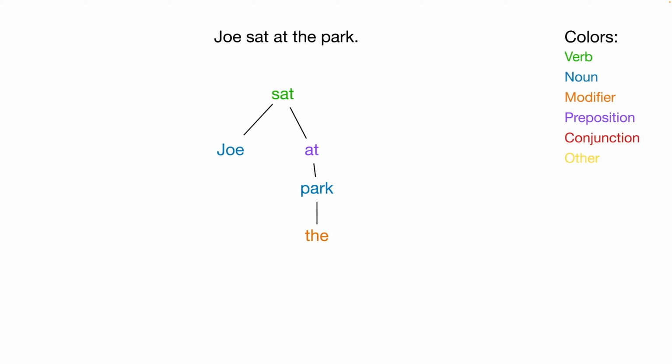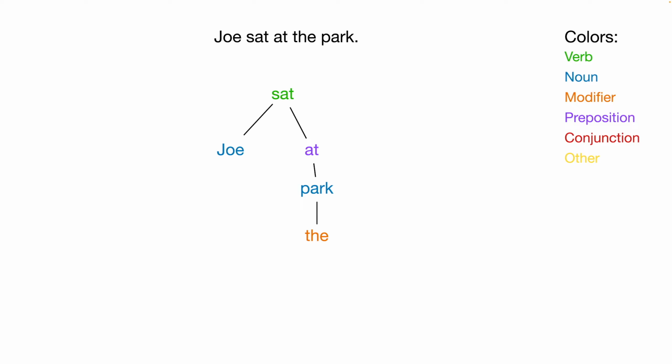So this sentence has a preposition in it. The prepositional phrase, at the park, modifies sat. It gives us more information about the verb. One of the things that's good about trees is that they represent or show what modifies what. So they help you think about, is at the park a modifier on Joe or on sat?